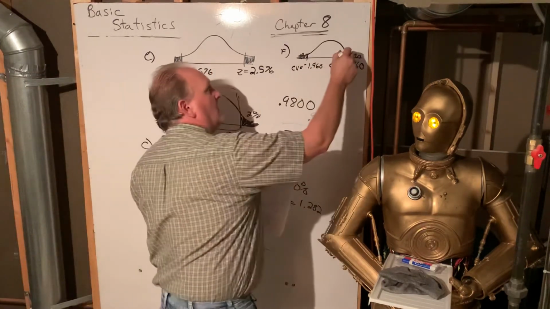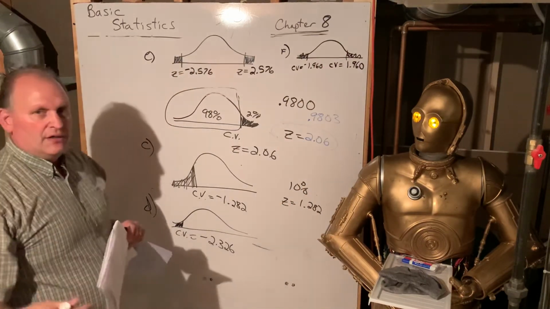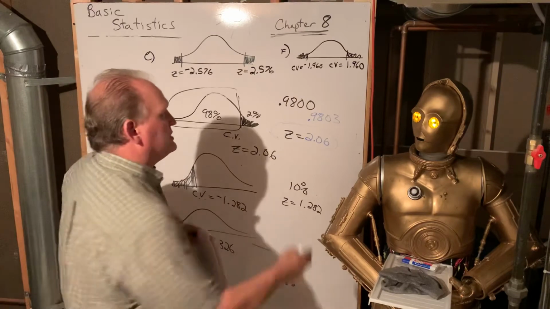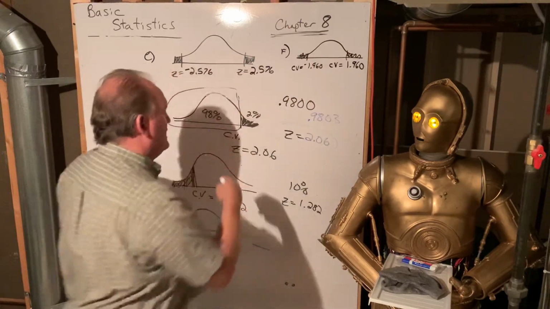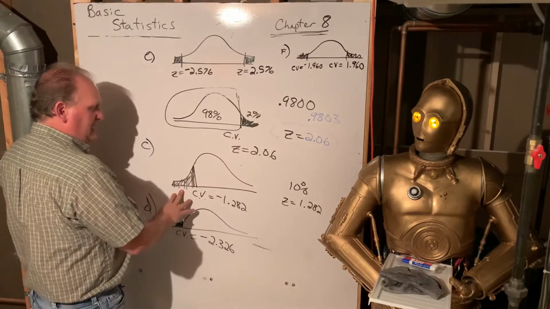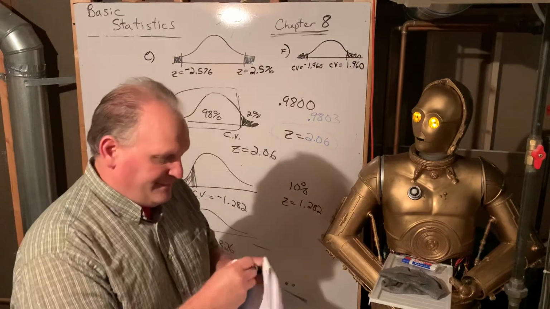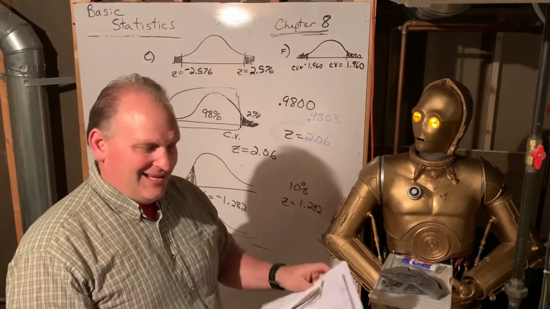All right. You're always going to have a two-tailed test if it's not equal to. So if your alternative hypothesis is not equal to, you're always going to have a two-tailed test. If it's just greater than, that would be a right one-tailed test. And if it's less than, that would be a left-tailed one-tailed test. All right? Okay.